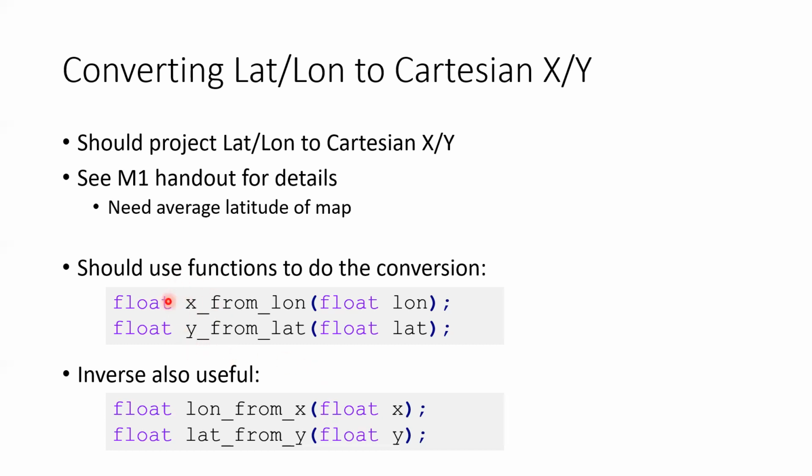So we want to write both the ones to get x from longitude and also to get longitude from x. And in this case, for the entire map, we need to get the average latitude of the map to do the conversions. This is to align the conversions, and this is the closest approximation we can get for the entire map.